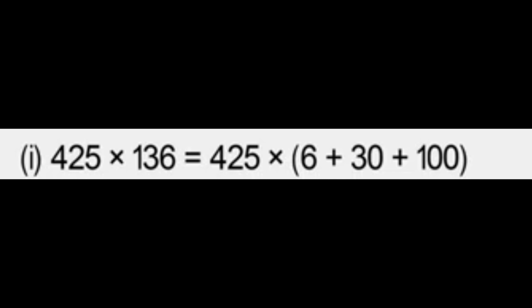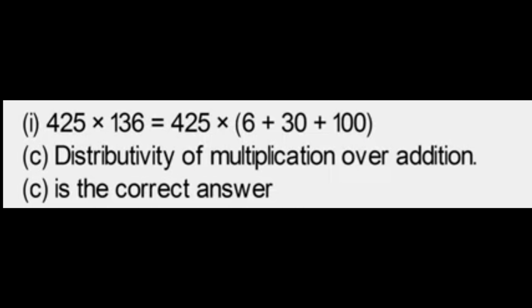But here students, we are not going to solve the question, we just have to see which property it exactly is. So which property is it? Yes, it is distributive property over addition, because there is addition between the numbers. So it is the distributive property of multiplication over addition. So C is the correct answer for this.